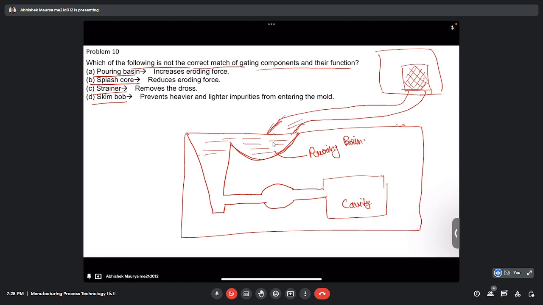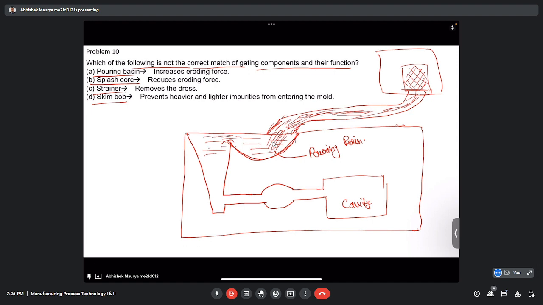So already the molten metal has some momentum and velocity. So it is a pouring basin. It is a kind of reservoir where initially all the molten metal comes and gets filled here, and after that gently the molten metal falls from the pouring basin to the sprue. So the pouring basin has the job of reducing the erosion of the molten metal which is coming from the furnace or from the ladle.